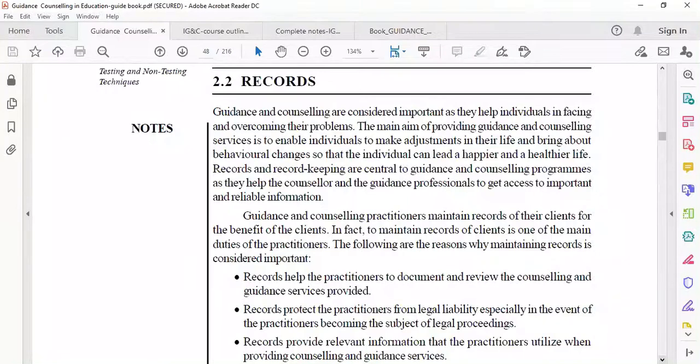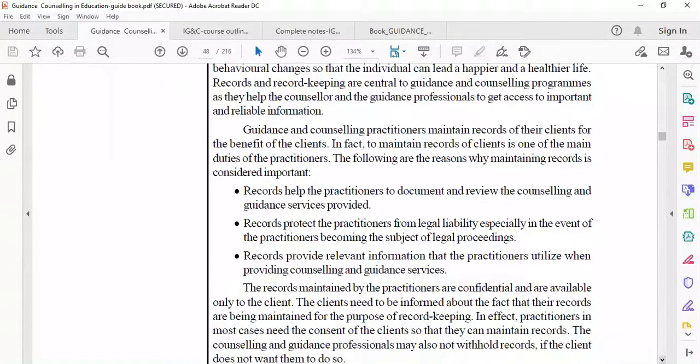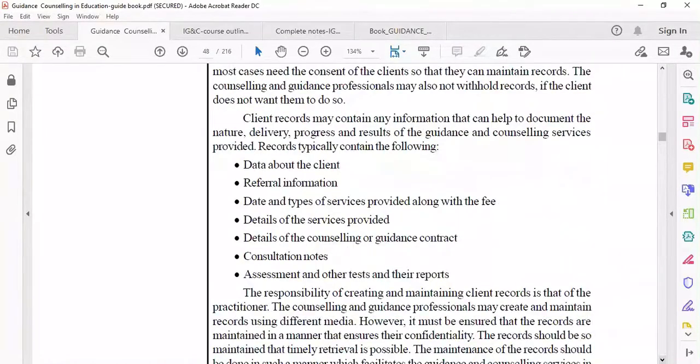As you know, guidance and counseling is very important to solve students' day-to-day problems. And in guidance and counseling, practitioners maintain records of their clients. They are professionals, but for a teacher, it will be a little bit difficult and tricky. But a teacher must have previous information and must keep in mind the previous data and information of a student.